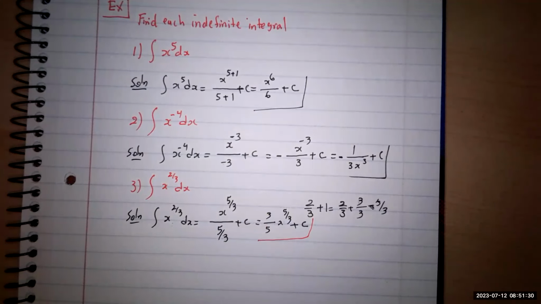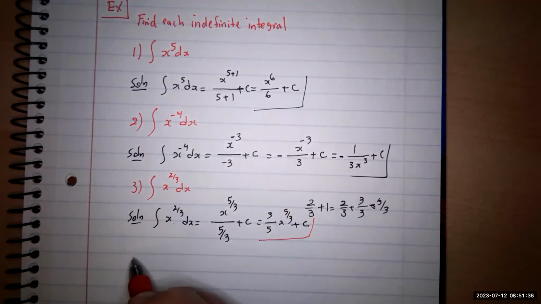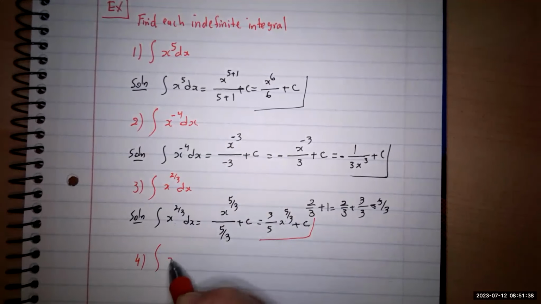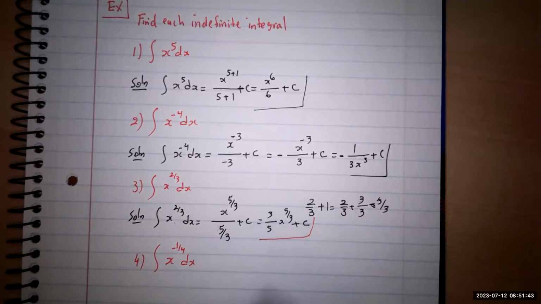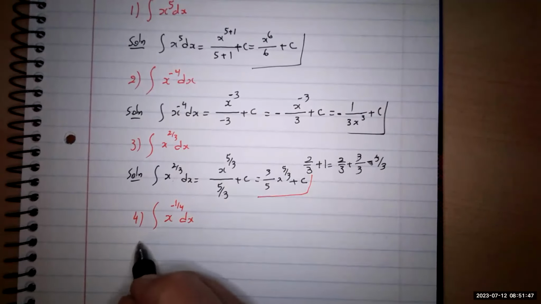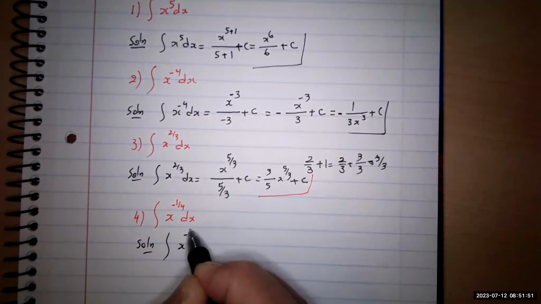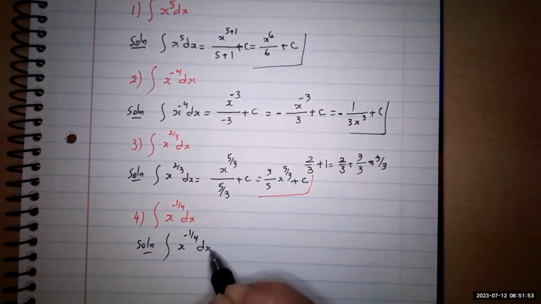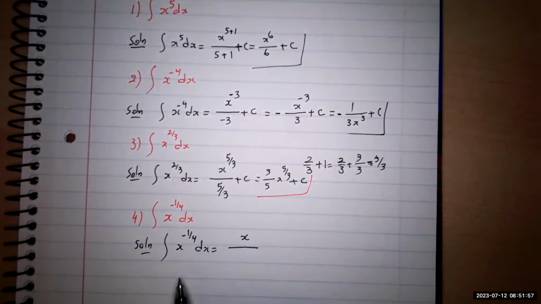So we can handle the rational power. How about the negative rational number? So x to the negative quarter dx, same thing. The integral of x to the negative quarter dx equals x to the negative quarter plus 1.